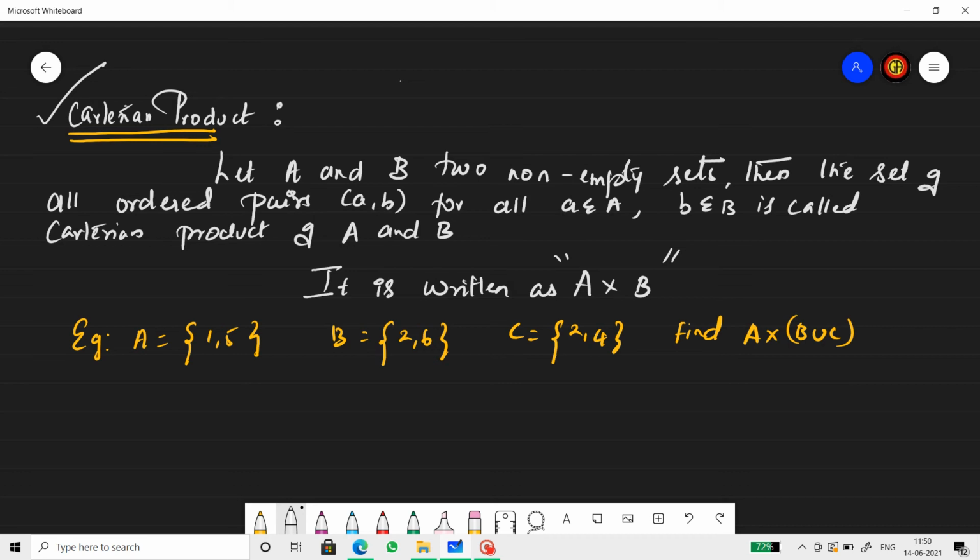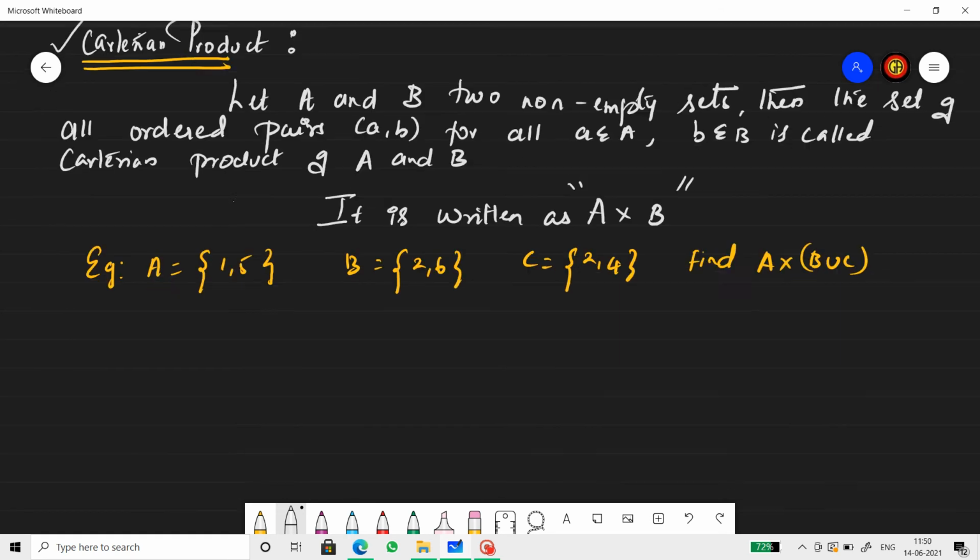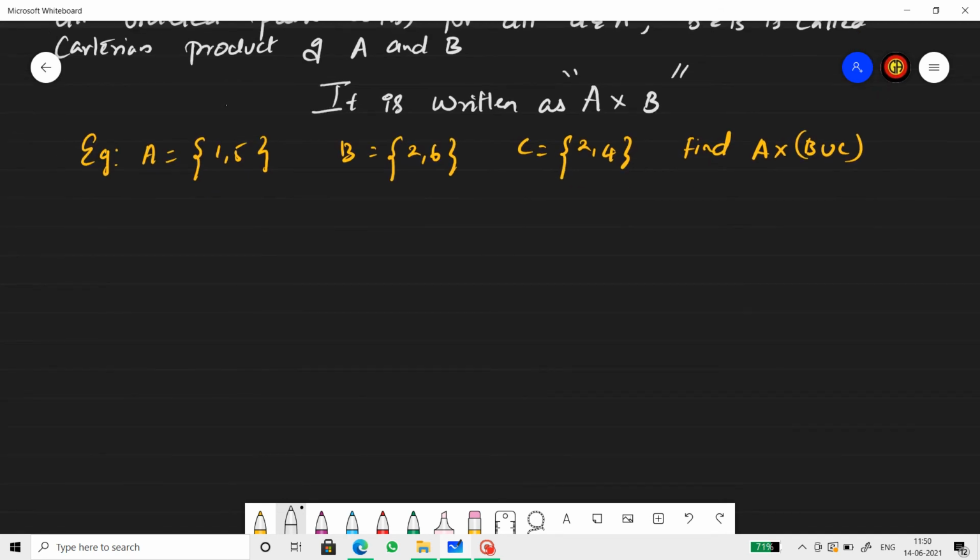Now, there is an example given under this. Let's try this and understand it better. Now, A is a set which contains 1, 5 as its element. B is a set which contains 2, 6 as its element. C is a set contains 2, 4 as its elements.